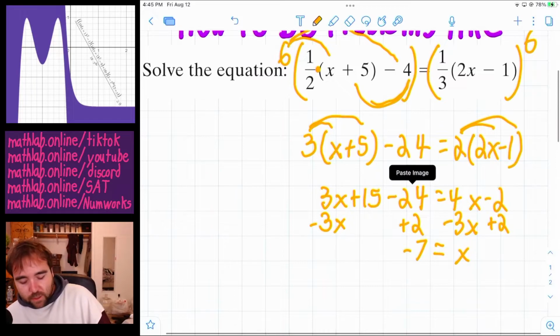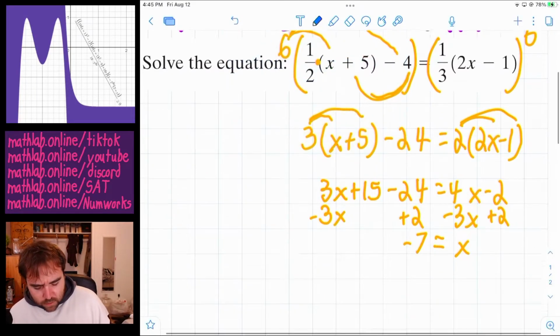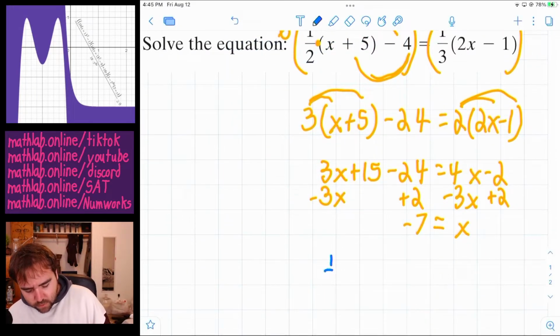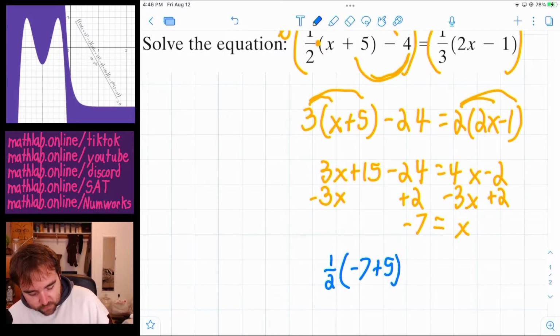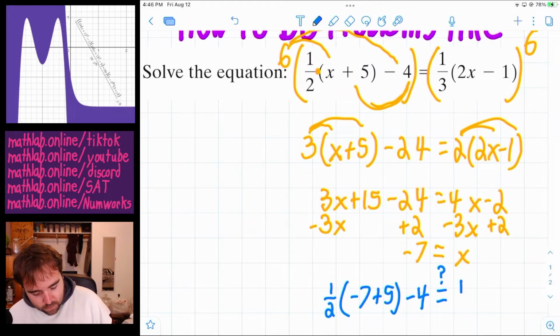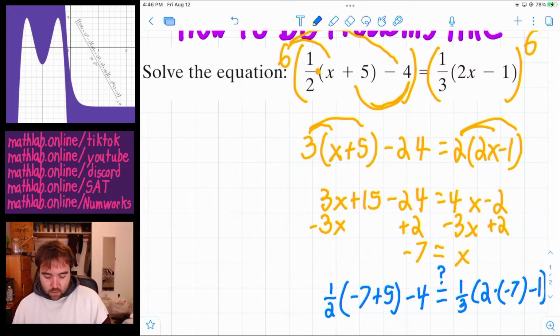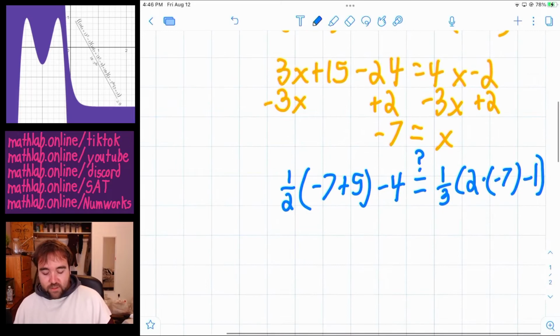And just for fun, let's plug that back in. And let's make sure that works. So if we do 1/2 times -7 plus 5 minus 4, does that equal 1/3 times 2 times -7 minus 1? Well, let's see.